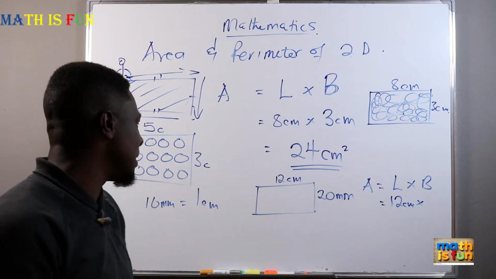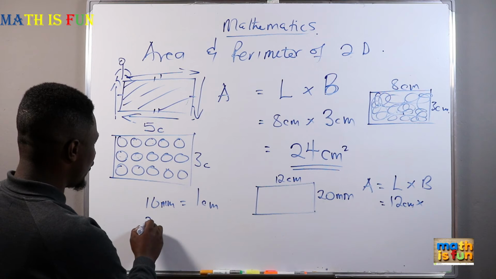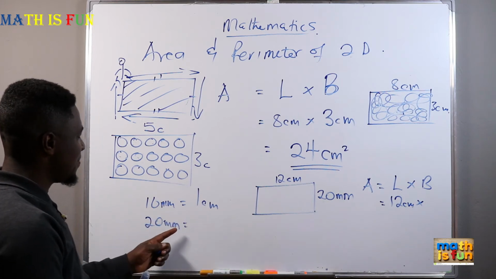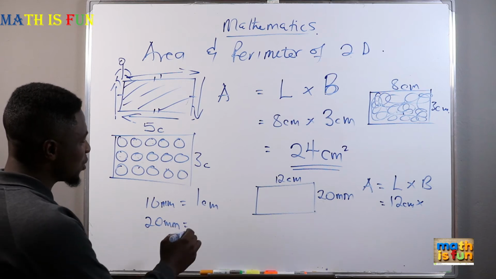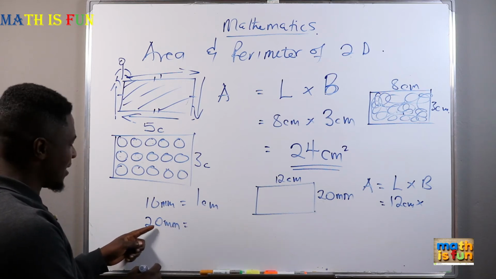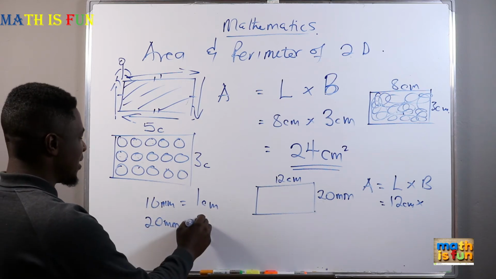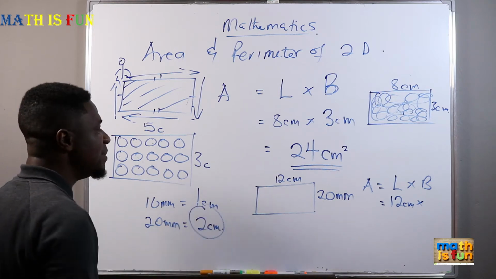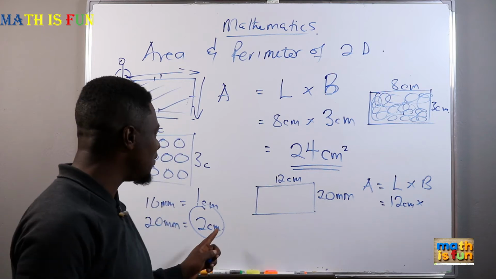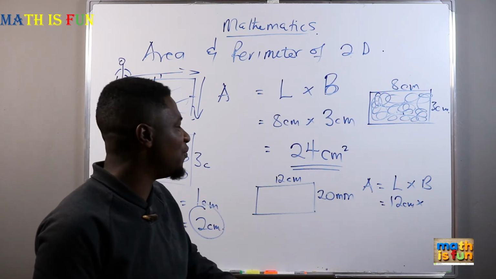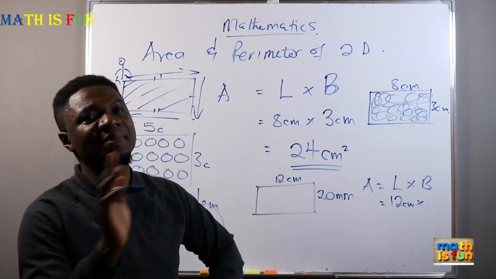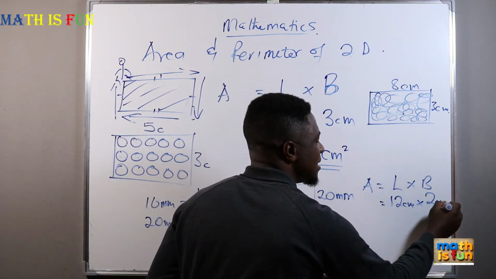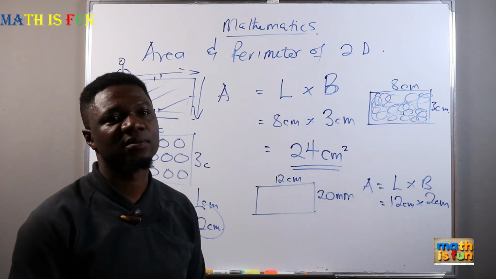So if this is the case, and I have 20 millimeters here, then let's divide. So 20 divided by 10 will give us what? 2. So 2 centimeters. Okay, so it means that the 20 millimeters should be converted to centimeters, or you convert the 12 centimeters also to millimeters, then you work with it. Okay, so in this case we have 2 centimeters. I've converted this one. Good.